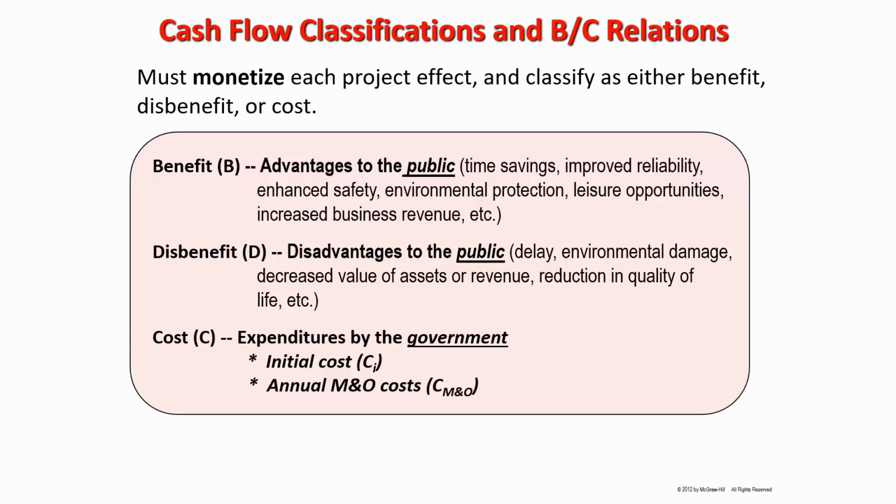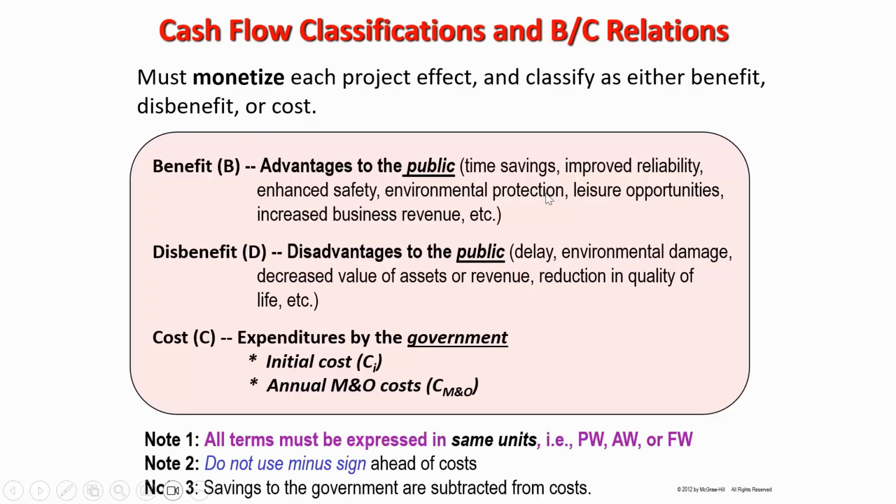Their insurance company is not going to pay for those improvements, but we can still, on a statistical basis, look at the data of how many accidents there were in the past, and then estimate in the future how many fewer accidents there will be, and assign a dollar value to it. So in the benefits and the disbenefits, it's a mix of actual benefits that have a monetized value, and then some of them that are just hypothetical.